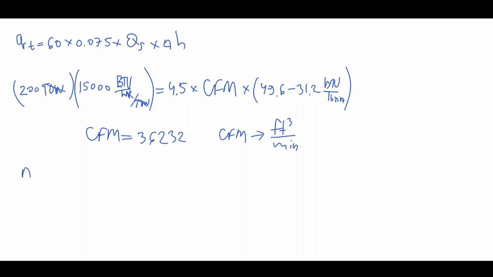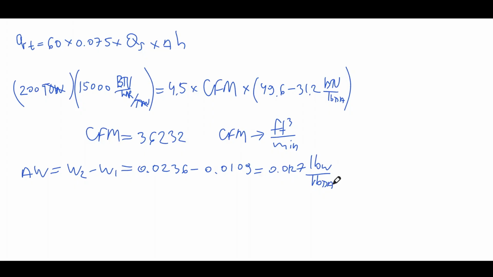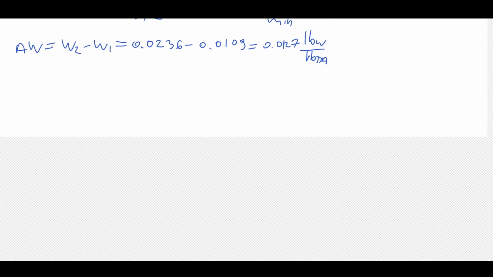Now, our difference in moisture content that we obtained earlier is equal to 0.0236 minus 0.0109, and the difference is going to be 0.0127 pounds of moisture per pound of dry air. Now finally, we can get our evaporation rate.